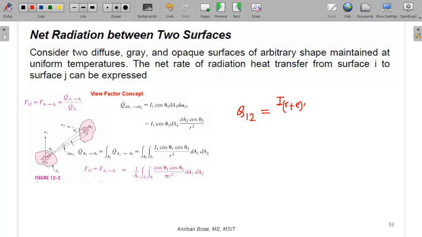We consider that uniform over the whole surface 1, and it will come out of the integration. The remaining portion is the same: cos theta 1 cos theta 2 dA1 dA2 by r square.